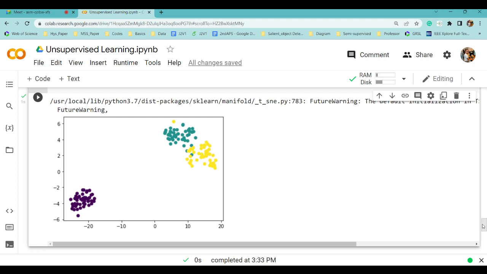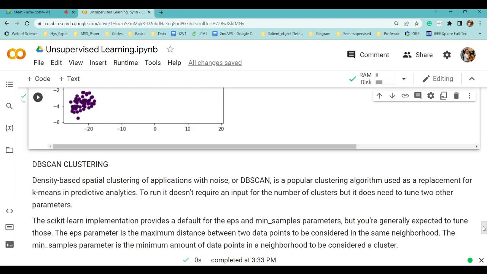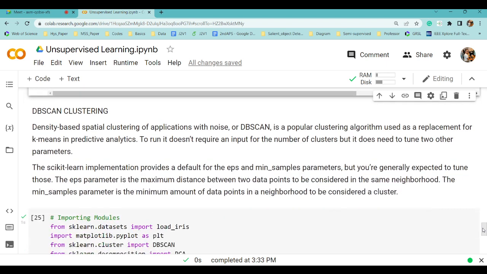Okay, so moving ahead to the last clustering, which is DBSCAN, density based. The full form of DBSCAN is density-based spatial clustering of applications with noise. This clustering came into the picture because K-means has disadvantages when there is noise in my data. What does noise mean?